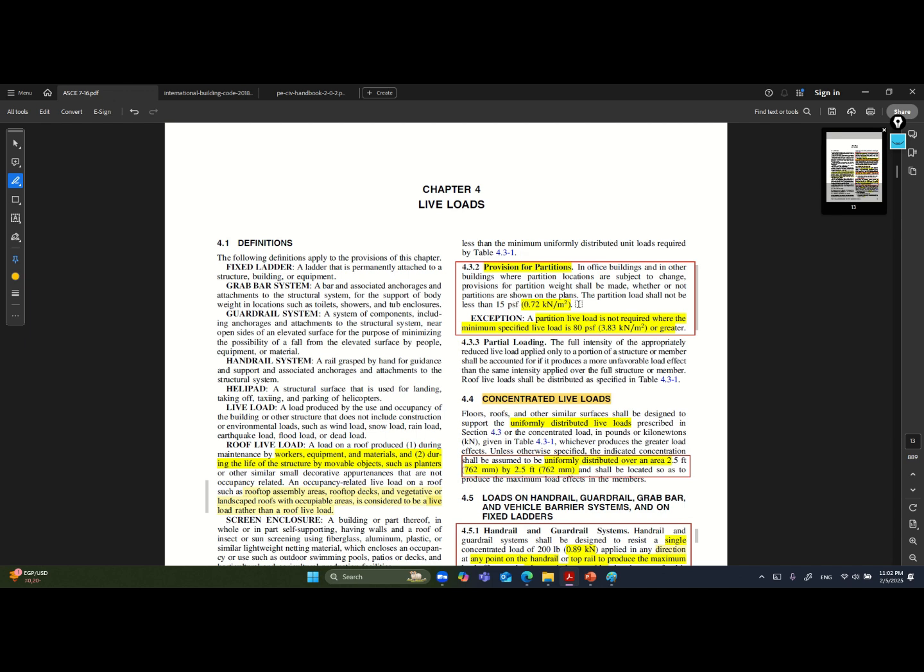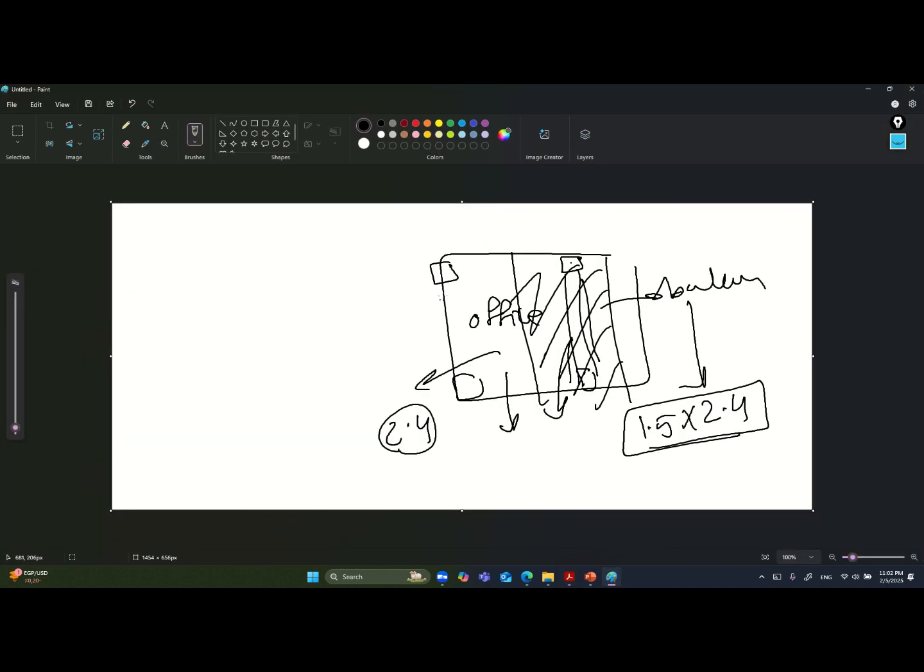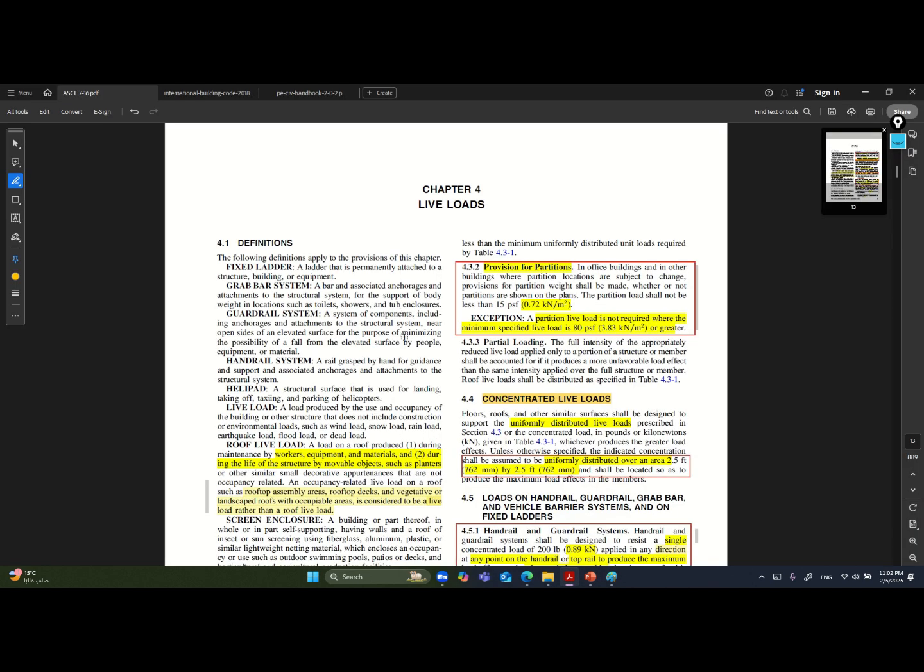So if the example tells you that this is an office, there must be partitions, so there will be a partition load to consider, which corresponds to 0.72. But here in ASCE it can exclude this value if the live load is at least 3.83. So if the live load is at this value, you can neglect the partitions.